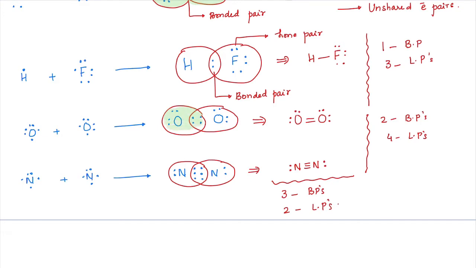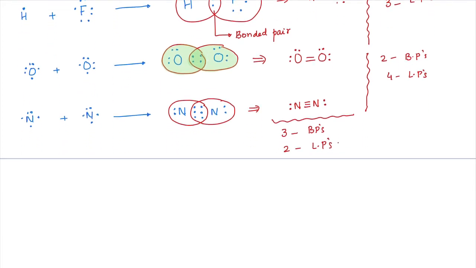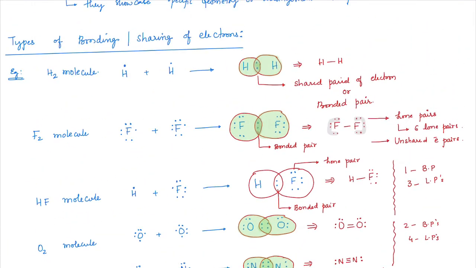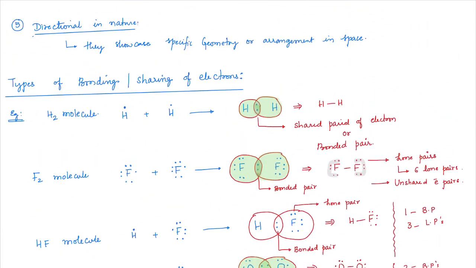So this oxygen is also fulfilling an 8 electron system in its vicinity, and this oxygen is also completing its 8 electron system. So it is completing its octet. So is the case of nitrogen here. So the number of electrons shared between the atoms depends upon in which permutation it can actually get octet completion. So the important criterion in all of this bonding is whether there is an octet configured or not.